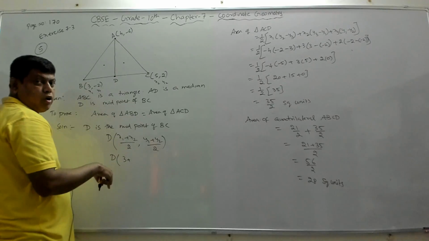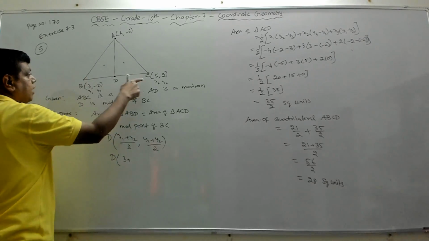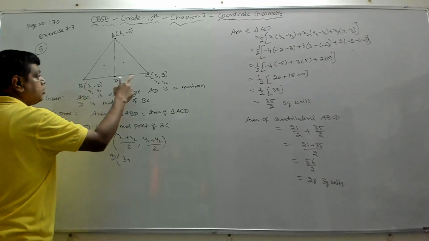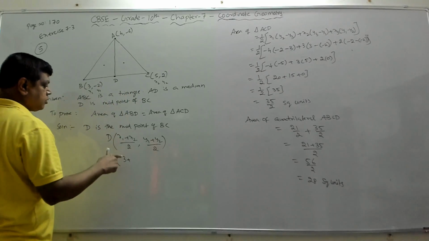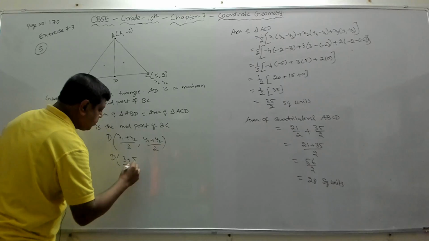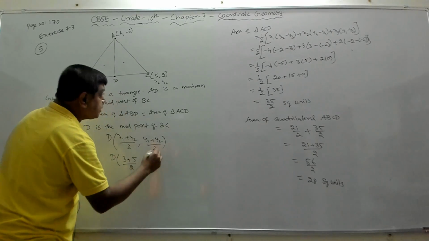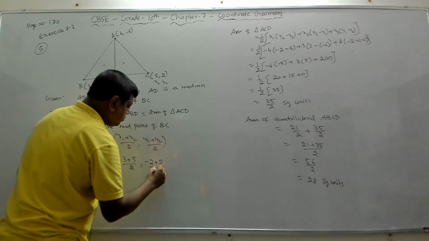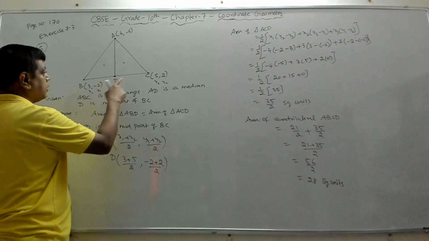Since D is the midpoint of the line segment BC, we can find D using the midpoint formula. So X1 is 3 plus X2 is 5, by 2, comma Y1 is minus 2 plus Y2 is 2, by 2.